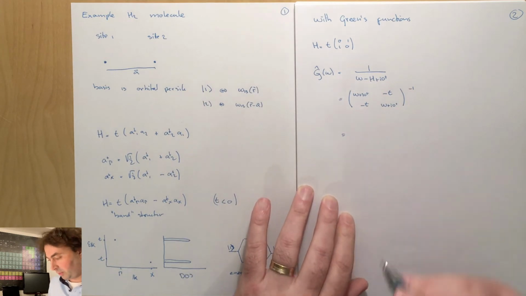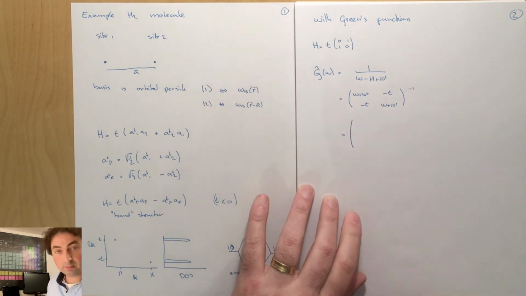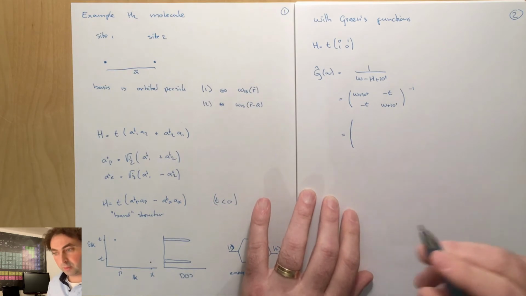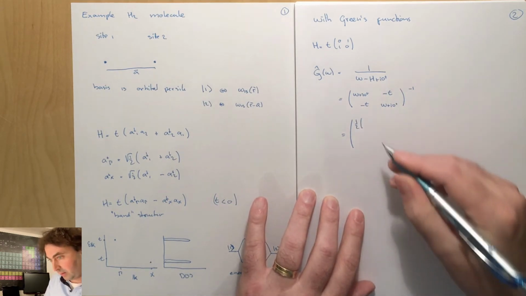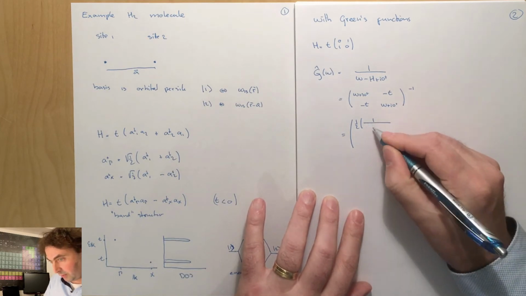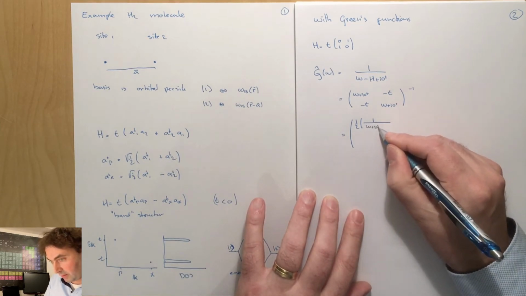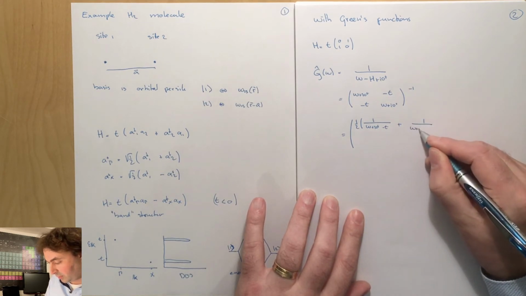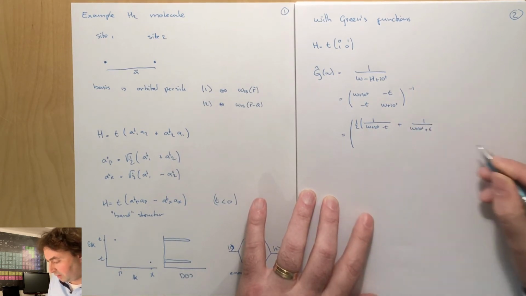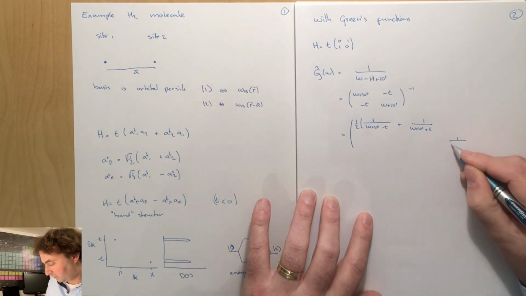So we can invert such a 2 by 2 matrix. You either remember how to do matrix inversion or you type it into Mathematica. And this is 1/2 times 1 over omega plus i0 plus minus t plus 1 over omega plus i0 plus t on the diagonal.